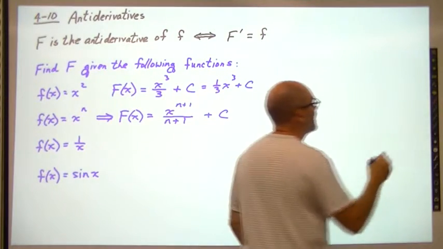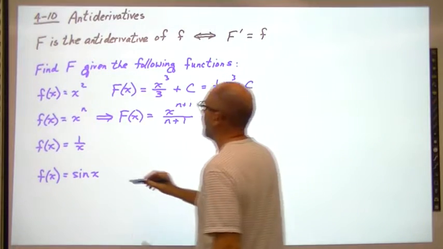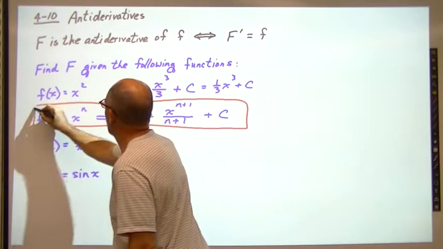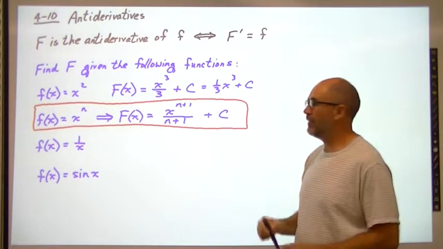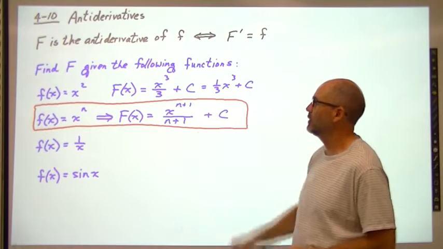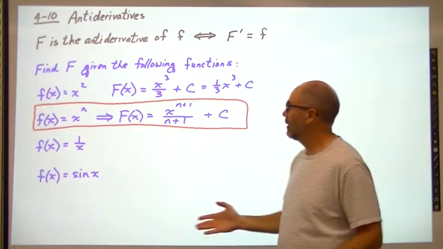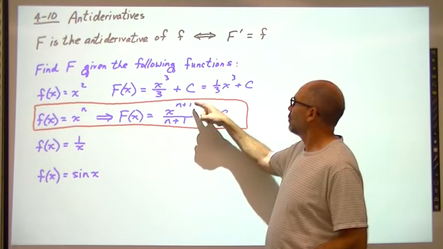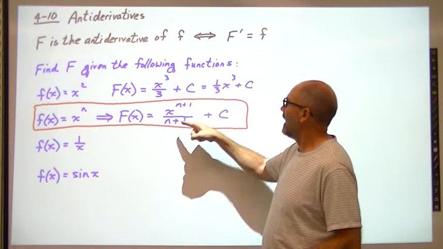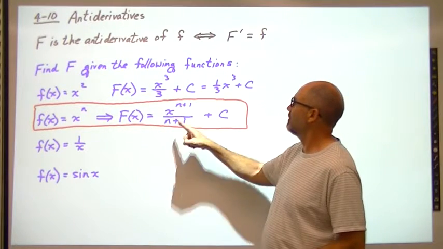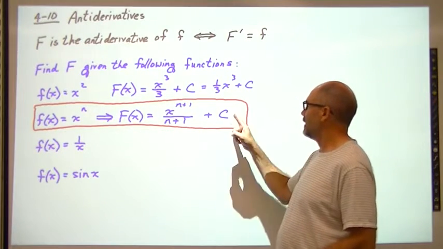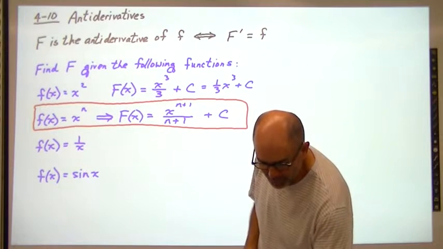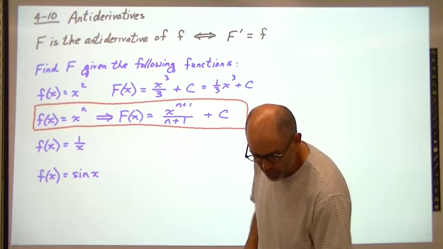Now, this is basically, like I just said, the power rule in reverse. And this is super important to understand. We're going to be using this the entire rest of the year. So if you have a function x to the n, then you raise the exponent by 1, and instead of multiplying, you're dividing by that exponent. And do not forget plus c. If you forget plus c, there could be dire consequences.